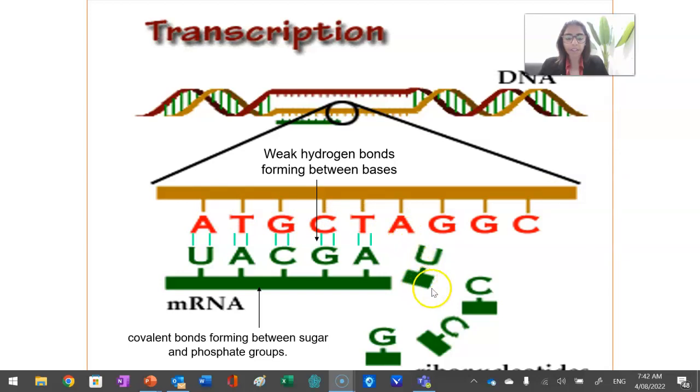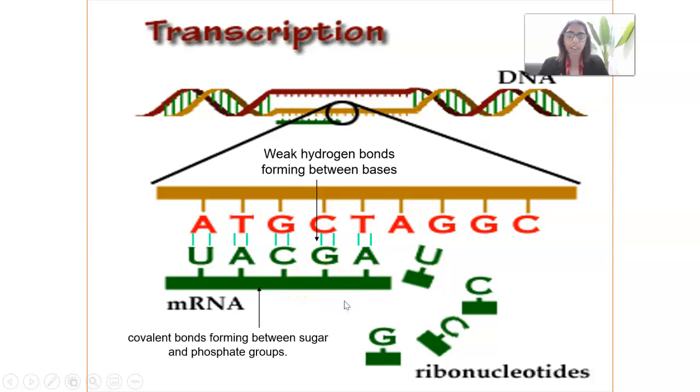What starts to happen is free mRNA nucleotides will start to line up with their complementary base partner. So here we can see uracil combines with adenine on DNA. These light green lines are showing that we have weak hydrogen bonds forming between the complementary bases, and the backbone here is a covalent bond that forms between the sugar and the phosphates.